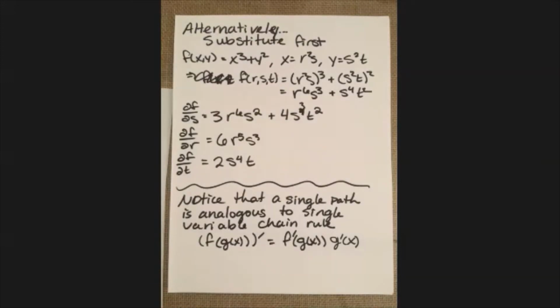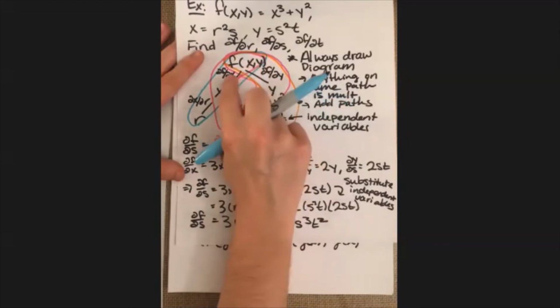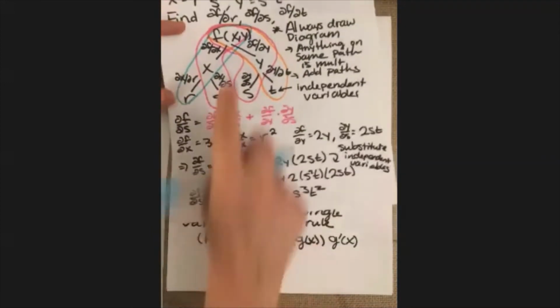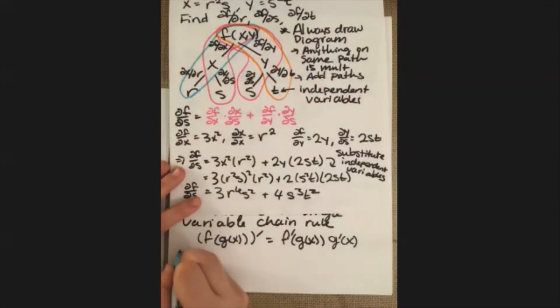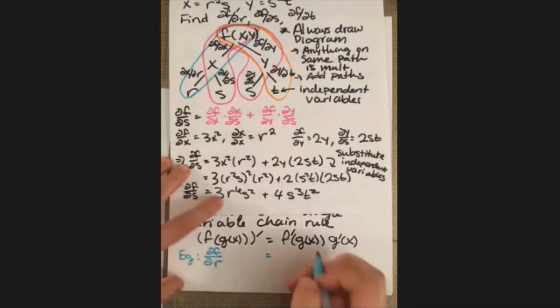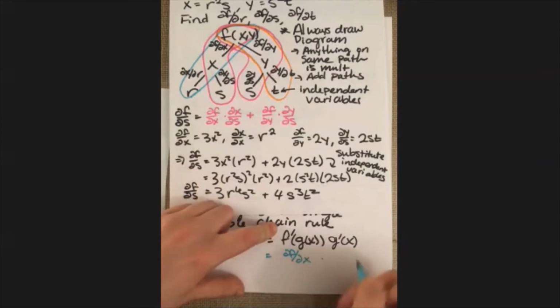Now, if we look back at one of our single chains that we had on this diagram, say df dx, then dx dr, this corresponded to our partial of f with respect to r, and this had been equal to the partial of f with respect to x times the partial of x with respect to r.